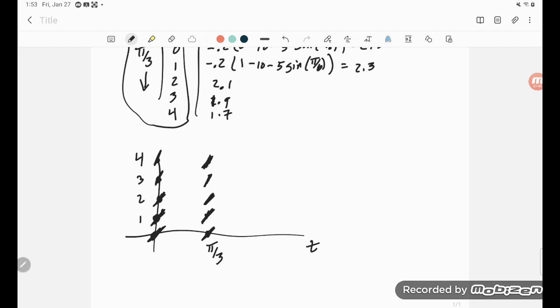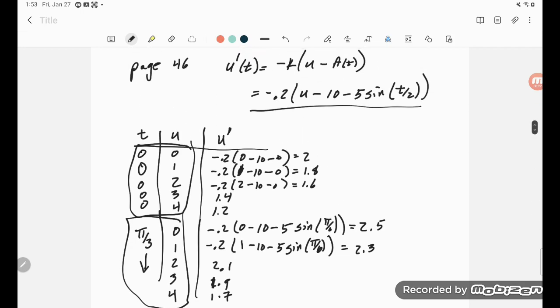But that's the idea, and what I could gather from here is if I'm connecting the dots, maybe if I had a solution that went through 0, 0, I can tell that solution would go up something like that. So that's where I say this is graphical, because I'm looking at a picture, but it's also numerical, because at lots of different numerical points, I've computed the derivative using the differential equation.